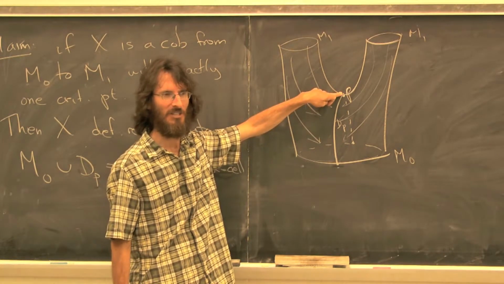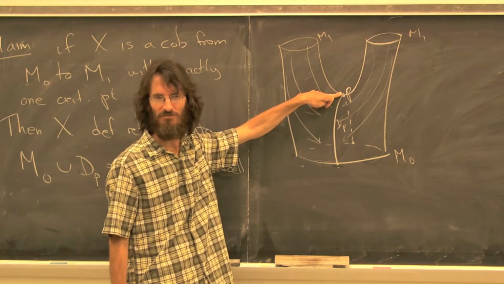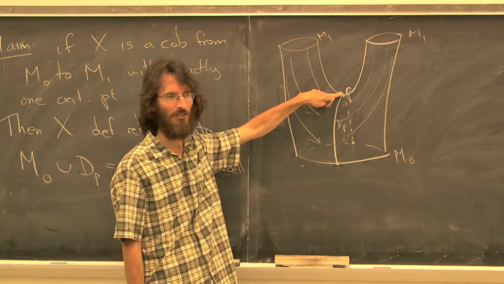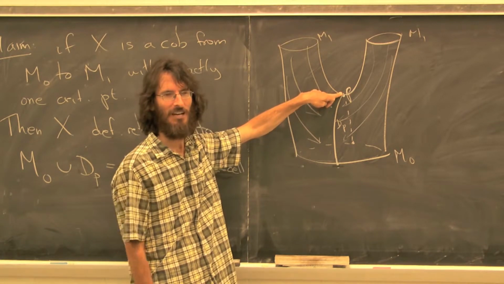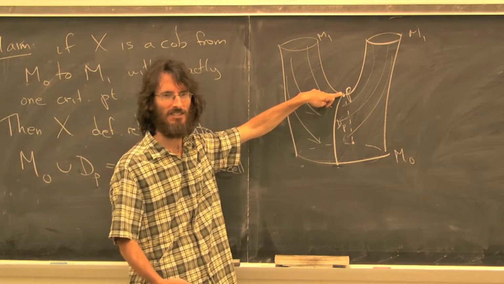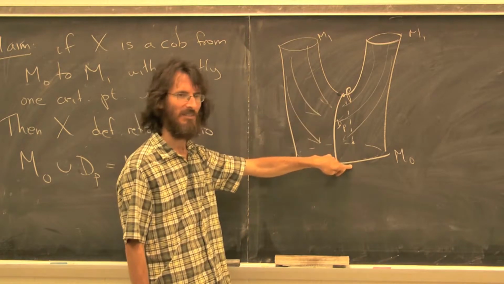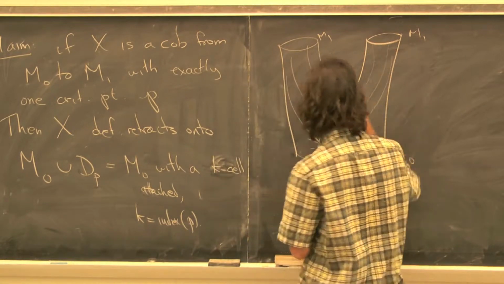the deformation retraction is going to be: you take a point and you flow along the descending gradient flow line, and you either flow for infinite time and take the limit if you have to, or else you flow until you hit the bottom. The problem with that is that it's going to be very discontinuous.